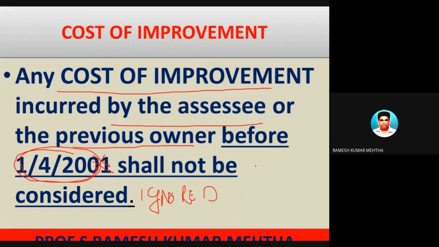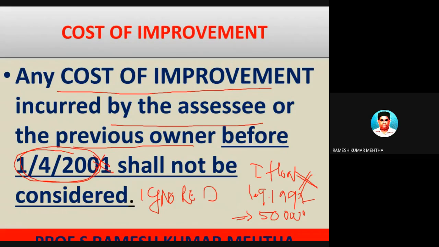For example, first floor is constructed on 1/9/1997, and the cost incurred is 5 lakh rupees. So this should not be considered, this should be ignored, and the index cost of improvement for calculating capital gain should not be considered. Just remember one particular point, that cost of improvement, if it took place before 1/4/2001, ignore it.